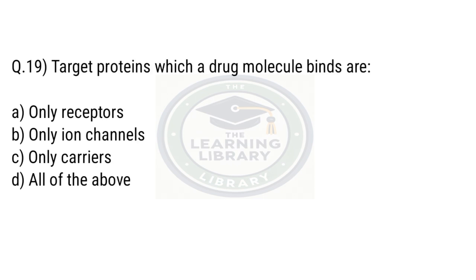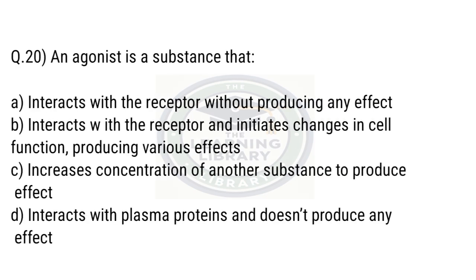Question number 19. Target proteins which a drug molecule binds are. The right answer is option D, all of the above. Question number 20. An agonist is a substance that.